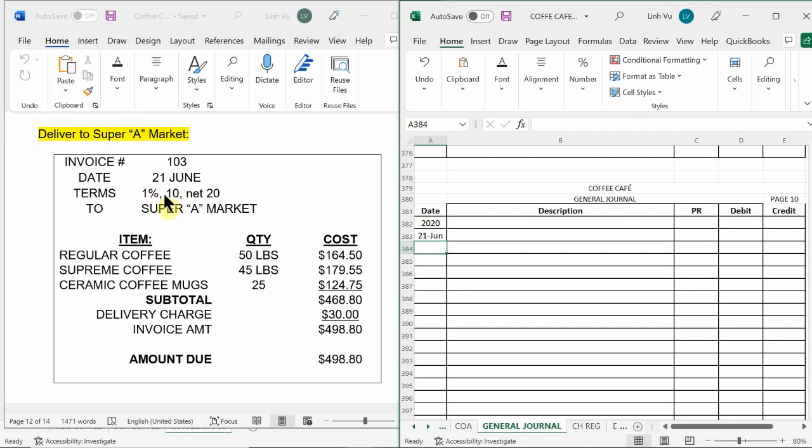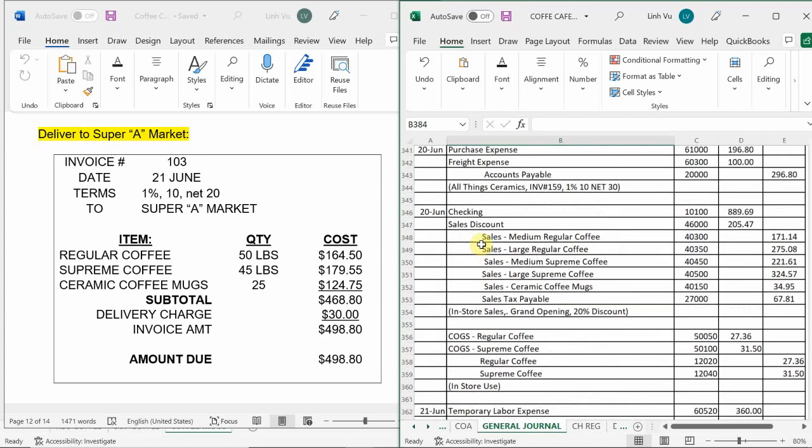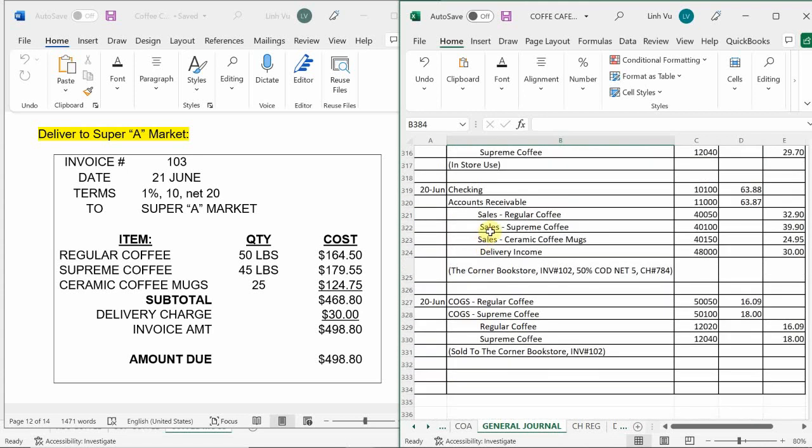So what account do they owe us on? Receivable. Payable is when we owe money. This is us, receivable. Okay, so good. So in this case, we've already done a transaction like this already. Okay. Here you go. You got the sales, sales, sales.